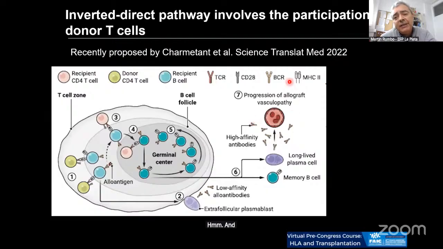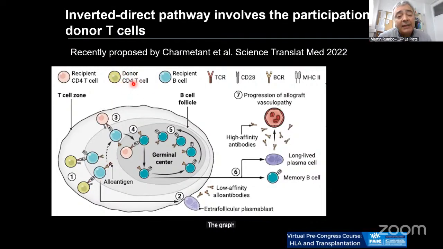And in recent years, a fourth pathway has been recognized. This is important in different types of transplantation, that is the inverted direct pathway. How does this work? This is the case in which solid organs also introduce donor CD4 cells, even in the case that organized lymphoid structures are part of the graft.